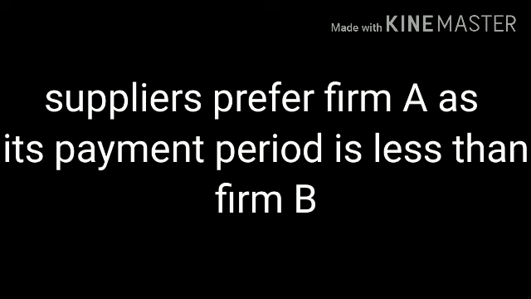Here, firm A's liquidity position is good. It takes only 3 months to make payments. Suppliers will prefer firm A because firm A's payment period is less than firm B, and they will prefer those firms who make prompt payment.